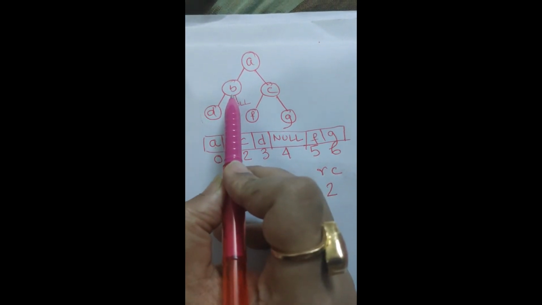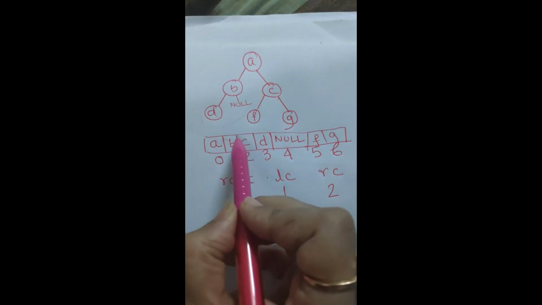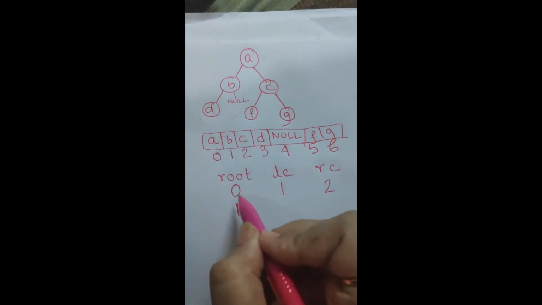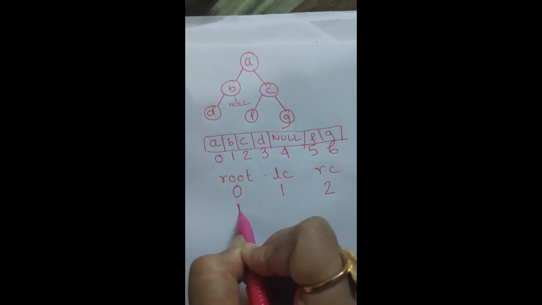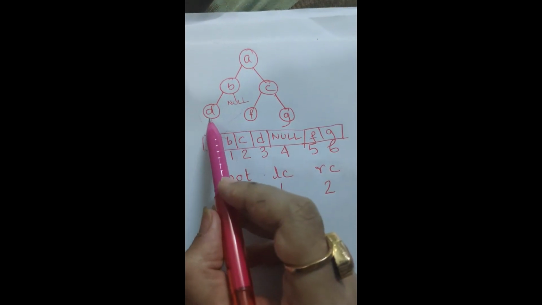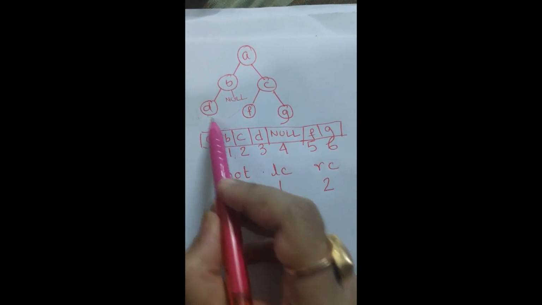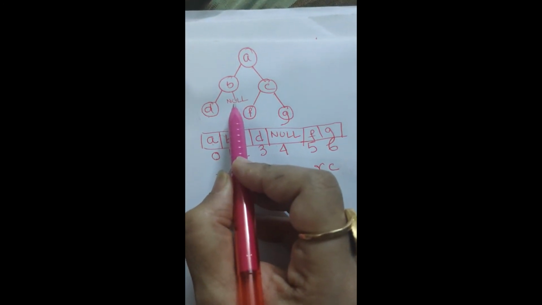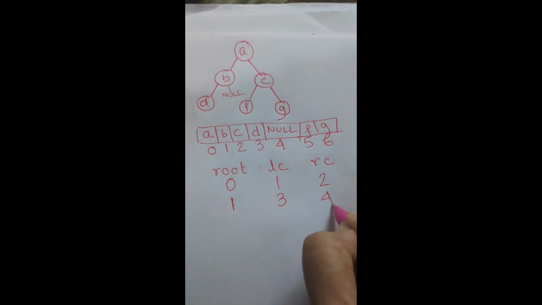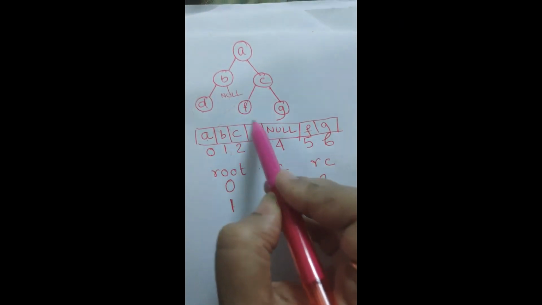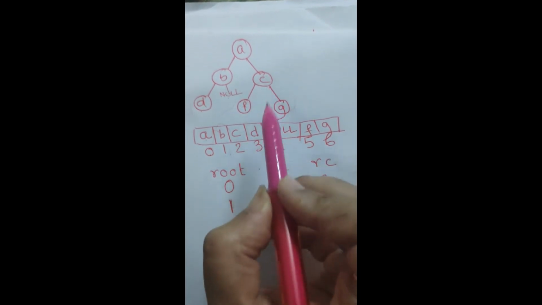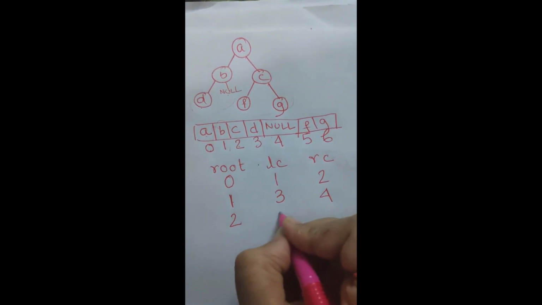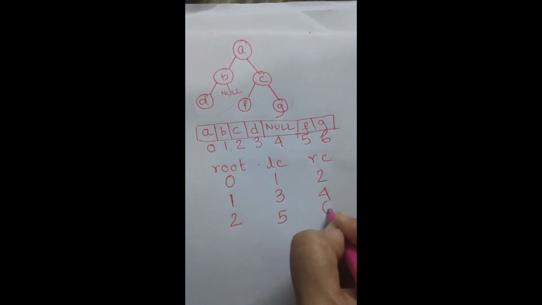The root node is B. B is stored at the index number 1. And so when the root of the left subtree is stored at index number 1, the left child of that root node has been stored at index number 3, and the right child, which is null, has been stored at index number 4. Correct? Right subtree. C is the root node. Index number of C in the array is 2. Left child of C is at index number 5 and right child is at index number 6.